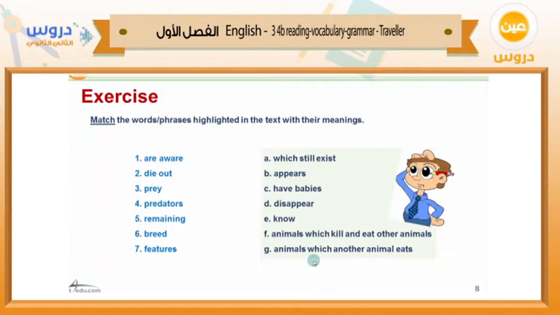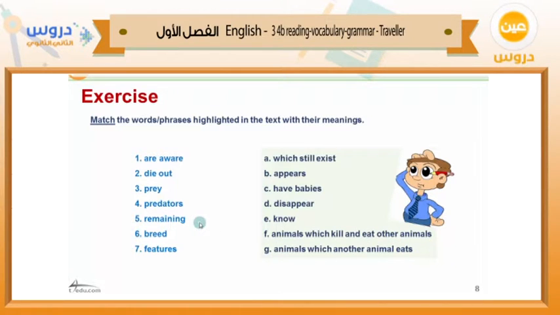So they are prey. They're hunted, like rats are prey, okay, for too many wild animals. For predators, like tigers, lions, pumas, and these cat species that eat prey, we call them predators. And number four, predators goes to F, animals which kill and eat other animals.